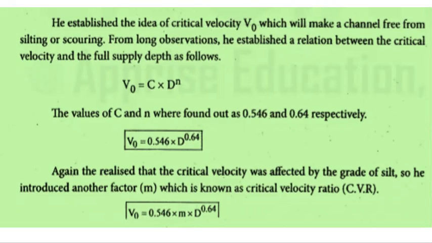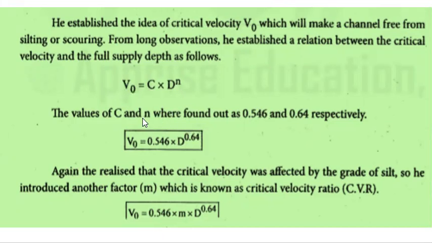The non-silting and non-scouring velocity, the critical velocity, is related to the depth as V0. So here the critical velocity and the full supply depth: V0 is equal to C into D power n.